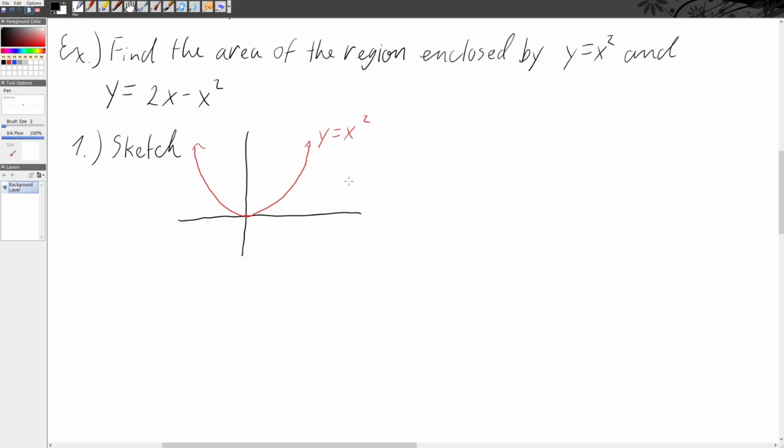The graph of y equals x squared is just a parabola, something that we all know. The graph of the second equation, y equals 2x minus x squared, is a parabola that opens downward. And this is how the graph should look. And the question amounts to asking, what is this area?